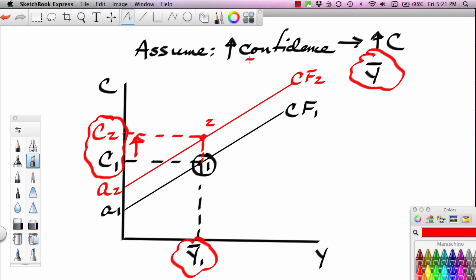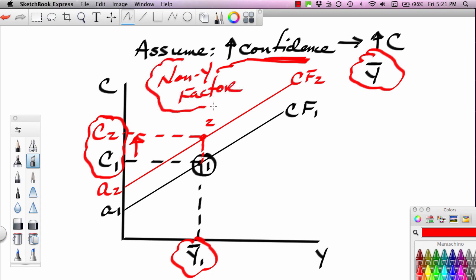What caused this? An increase in confidence. So if there's a shift in something other than income, confidence would be called a non-income factor. Why non-income? Because it's not income. So confidence is something other than income that affects consumers. That's got to shift the consumption function.